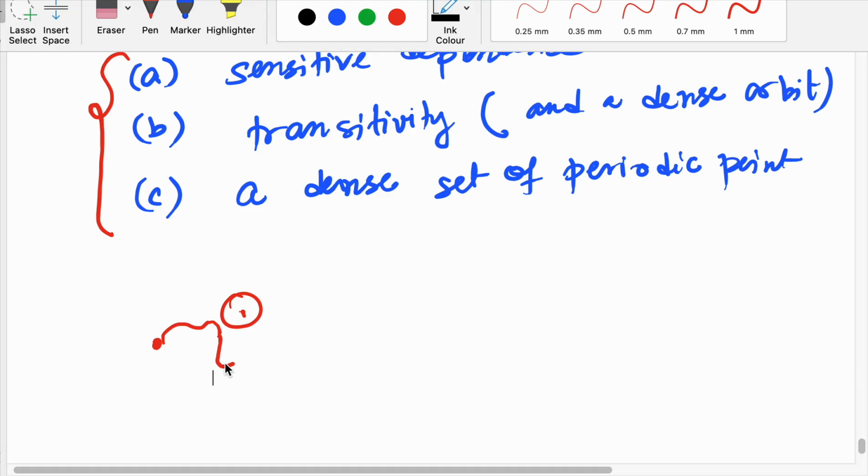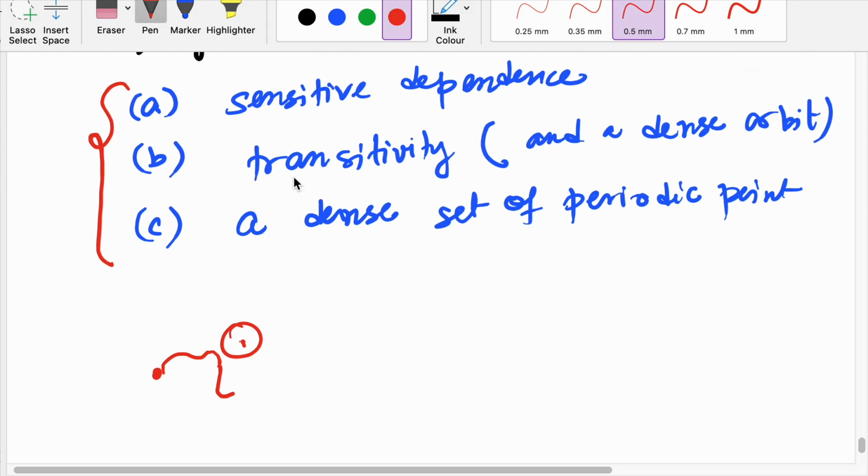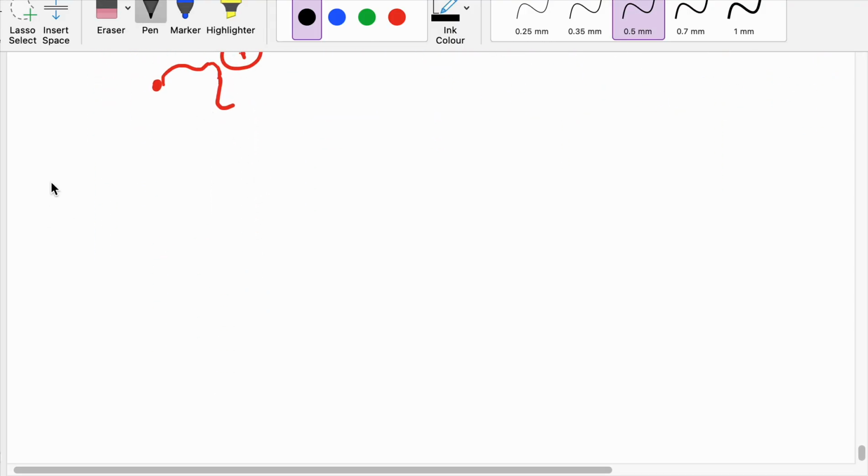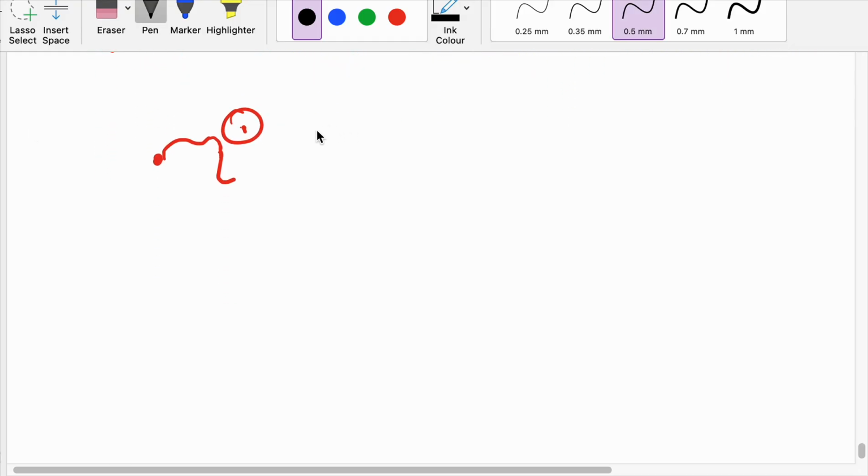That's it. So at first sense a periodic point looks regular, but it is actually not regular, since it is not stable at all. These are the three things that wiggly iterates have. Now let's go to the definition of chaos.